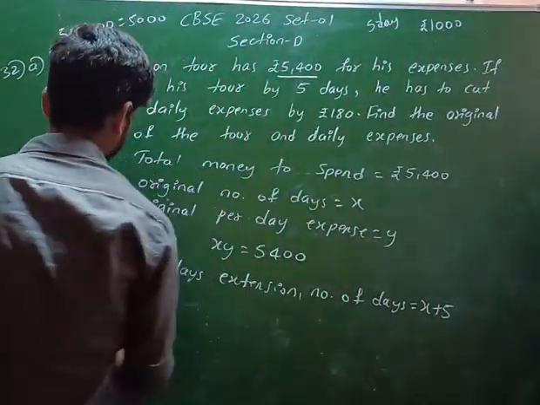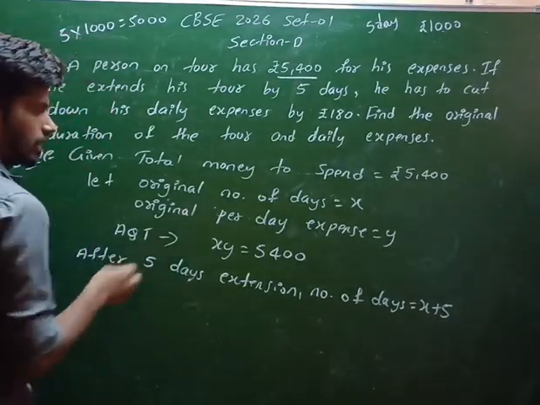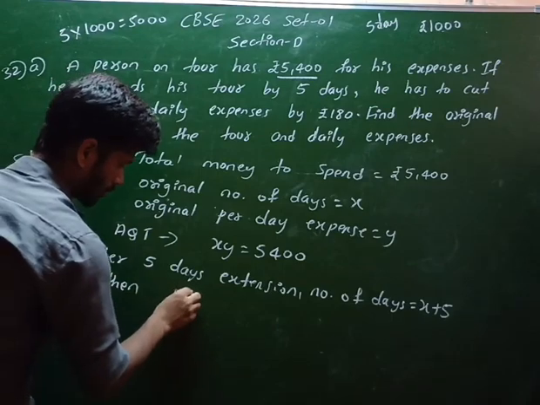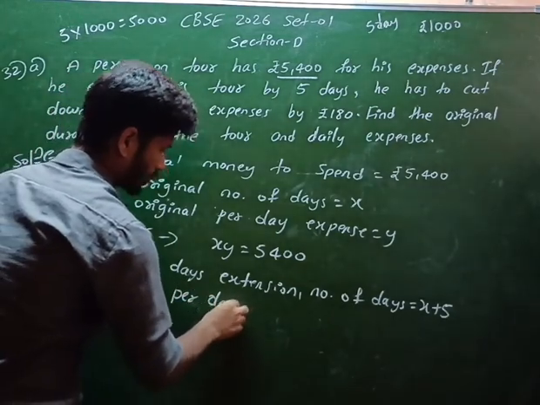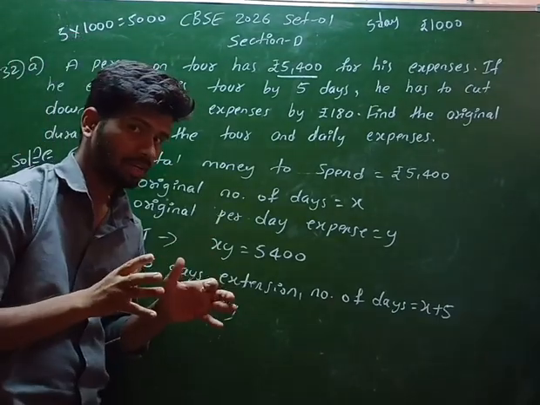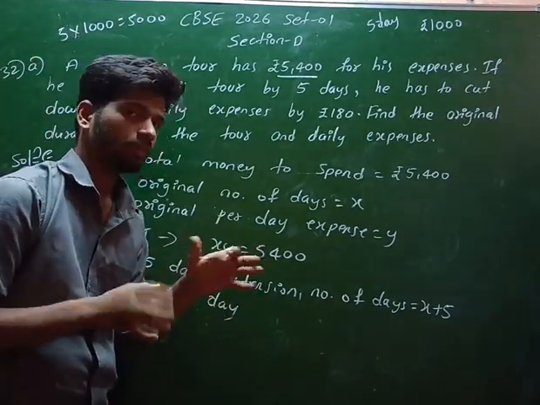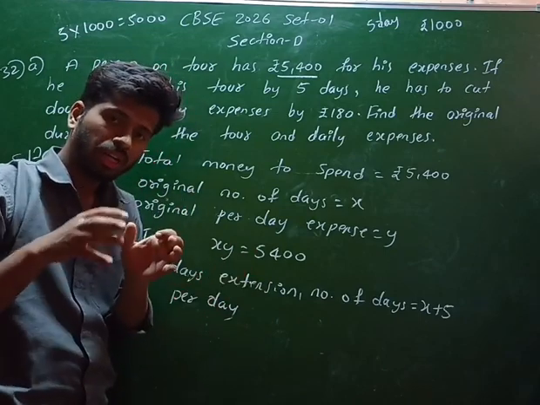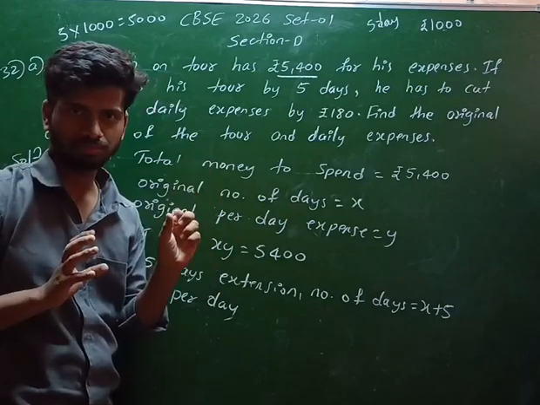Then the per-day expense will be cut down by 180 rupees. Whatever he was spending before, say he was spending 500 rupees, now he will spend 180 rupees less than 500.